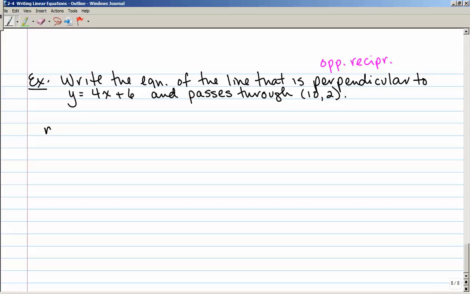So the slope of the given line is 4, but that's not the slope I'm going to use. I need the perpendicular slope, or the opposite reciprocal of 4, which is going to be -1/4. That's the one I'm going to use, so I don't get confused. I'll cross that one out. And then I'm going to use the point (10, 2). And we'll plug it into our point-slope form.